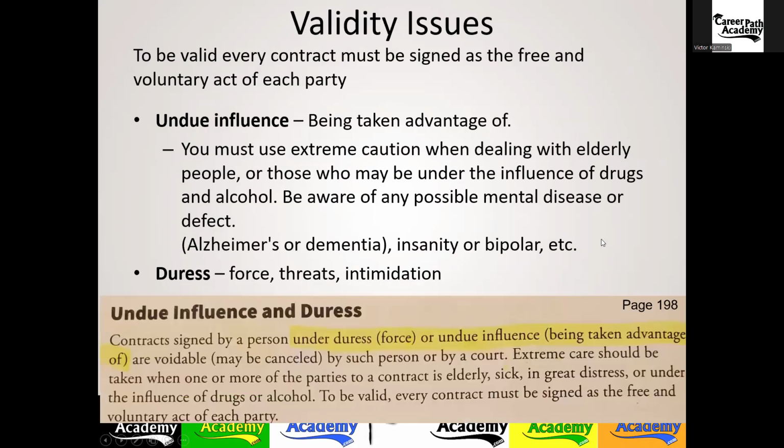Now, to be valid, a contract must be signed as a free and voluntary act of each party. Undue influence means that you are taken advantage of. You must use extreme caution when dealing with elderly people or those who may be under the influence of drugs or alcohol.